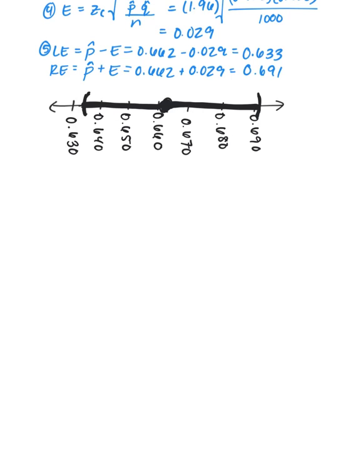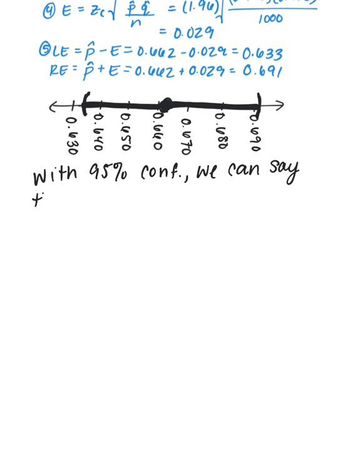So, with 95% confidence, we can say that the population proportion of, and this is where we're struggling a little bit.